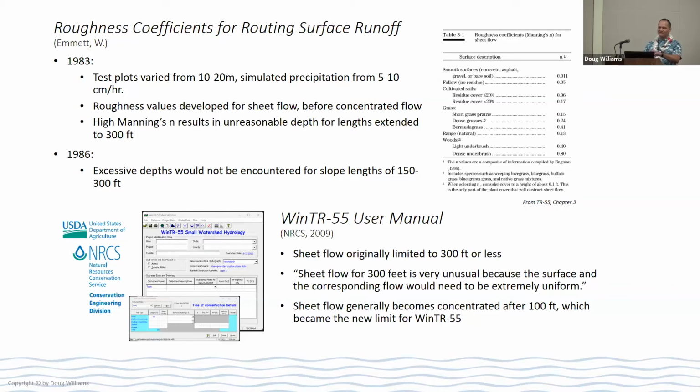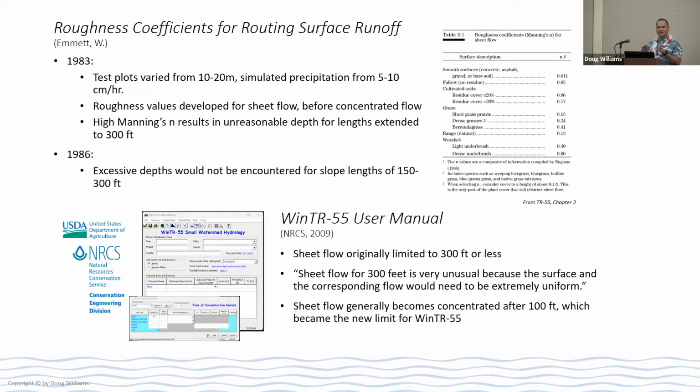The main takeaway from that study was that rougher surfaces, or high Manning's n values for overland flow, result in excessive depth. So they get out of the sheet flow range of depth and into shallow concentrated flow, more than 1 inch.